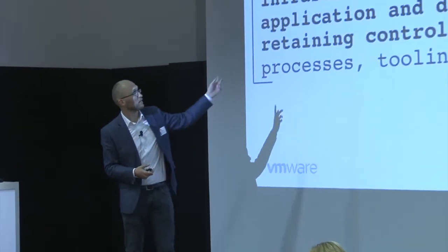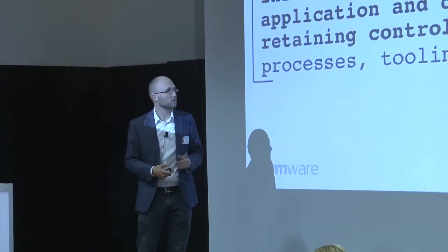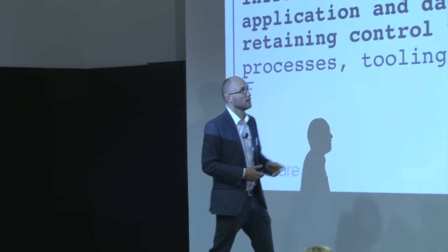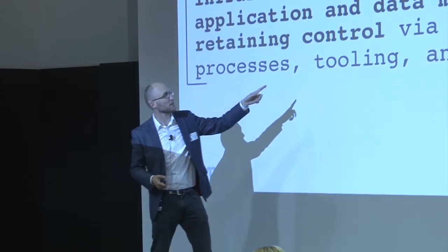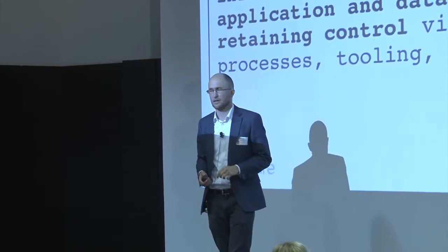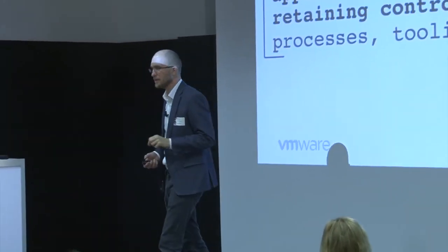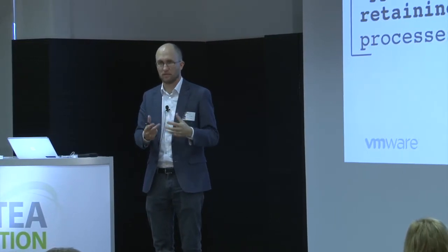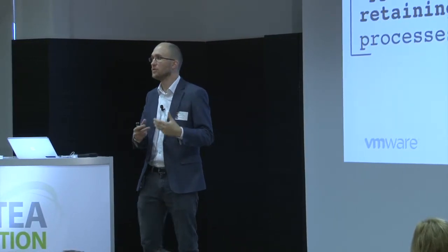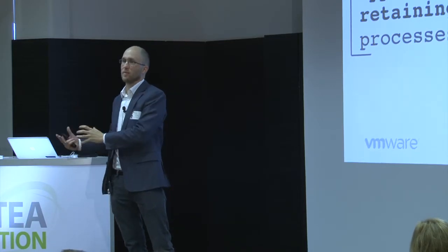And then you get application and data mobility, but most importantly, you do it with the existing people, the existing processes, tooling, and automation. Now, what does that mean? Basically, it means everything that you've been doing in your own data center with your VMware platform, you now do on the vCloud Air platform.